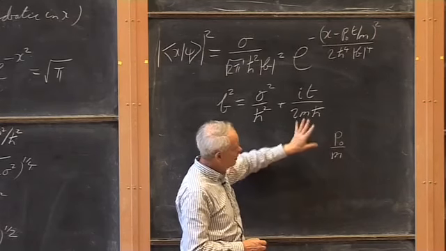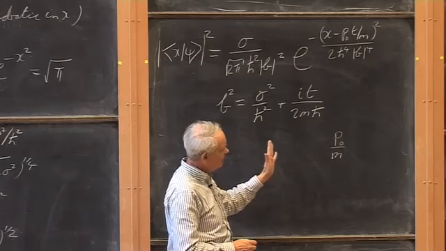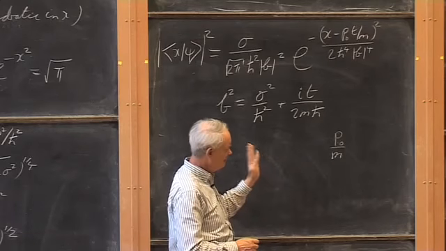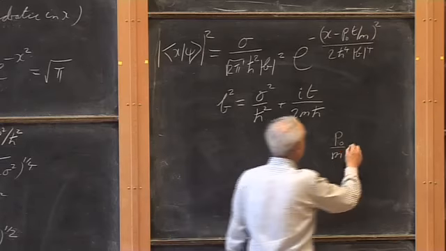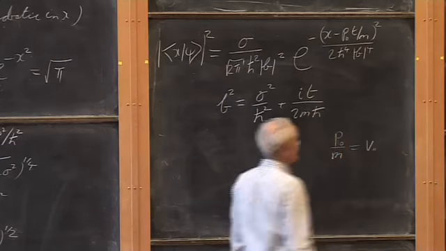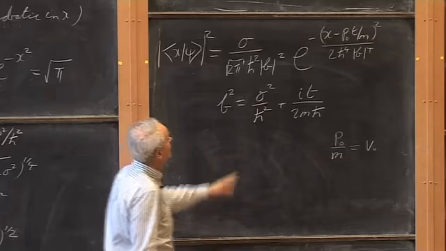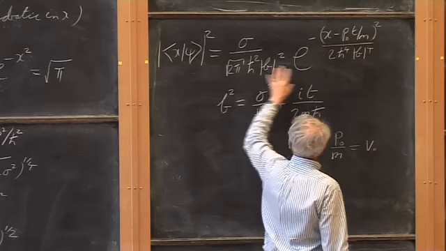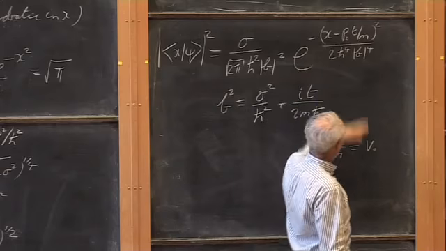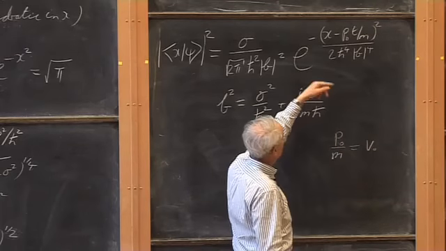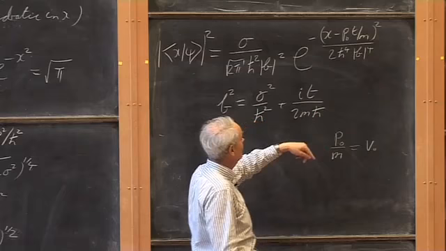If you thought of this as many different particles, it would be the mean momentum, though it's really only one particle. So this is essentially the mean velocity. So that's what you would expect. The probability distribution is moving in space with a speed v0 equal to p0 over m, as we would expect.